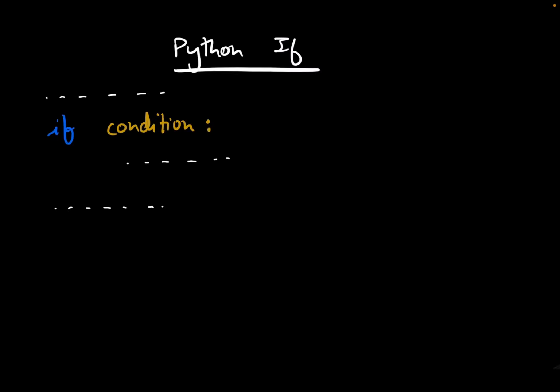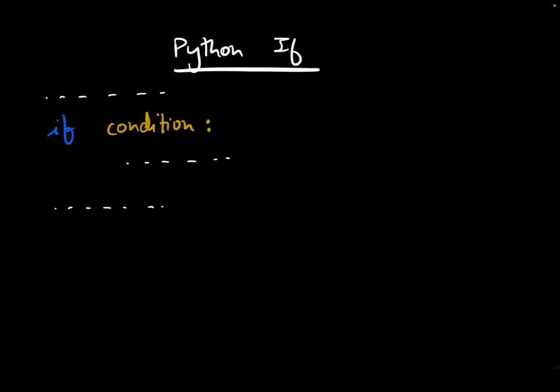But if it evaluates to a false Boolean, then this indented block of code will be skipped and the execution will move on to the line after this if condition, which is the line shown here at the bottom, and then the code will proceed normally. So this was about the most basic conditional statement, the if statement.